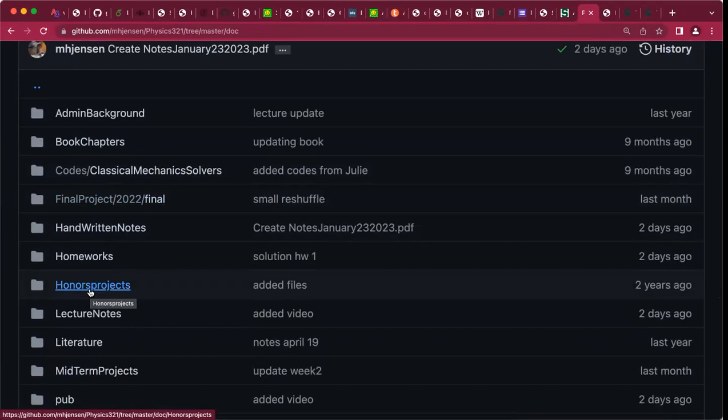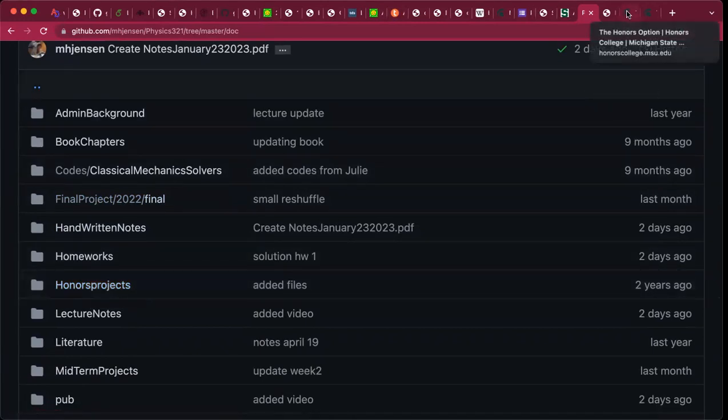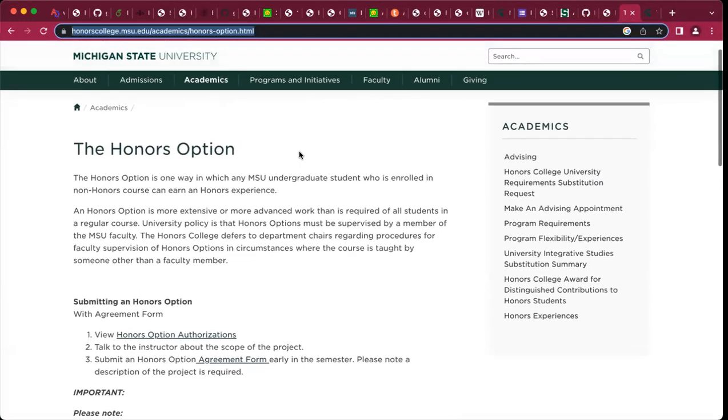There is anything from solving differential equations in classical mechanics with machine learning to studying the chaotic pendulum or other types of projects. Michigan State University has this possibility of honors projects from the Honors College.